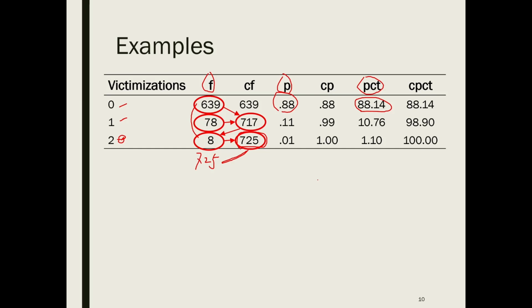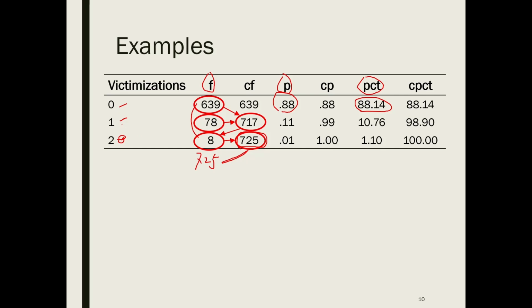So doing this gives you a good way to answer questions like "at least" or "less than." Another question: what's the percentage of the people in this sample who have been victimized only one time or less than one time? It's easy.